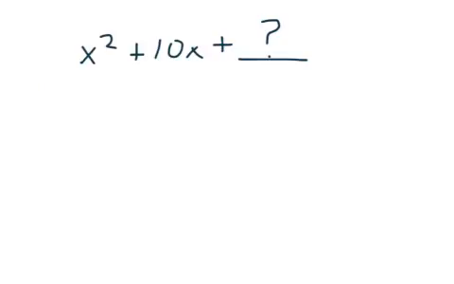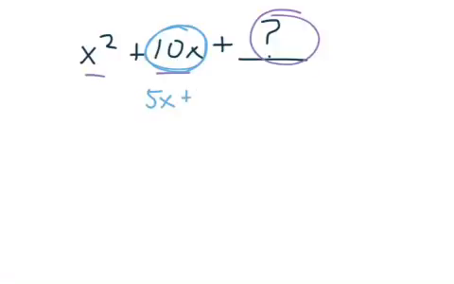For example, take a look at this problem. We have x squared plus 10x plus something, right? And the goal here is, can you find that number that if I put in there and add it, will make a perfect square binomial? So here's the process. We know that the 10x had to come from a 5x plus a 5x, right?